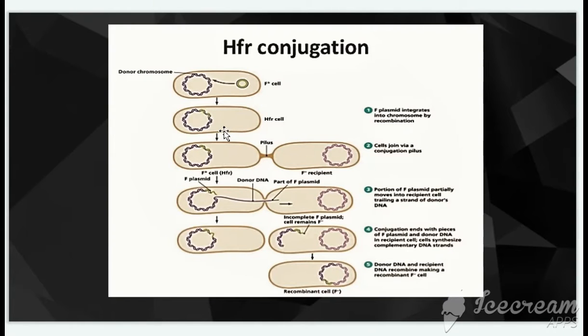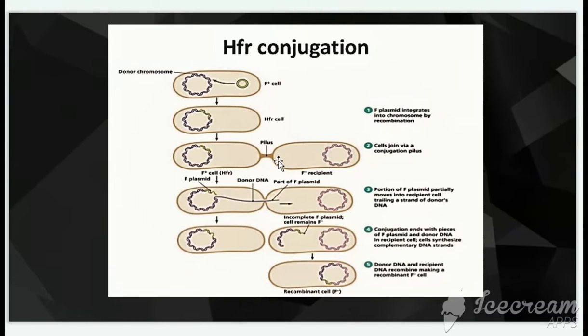Now this Hfr cell or strain acts as the donor because it is going to donate its chromosomal DNA, and the other cell becomes the recipient because it is going to receive the DNA. As you can see, the pilus is formed between them. If you have understood conjugation well, you will know how this pilus forms by the type 4 system.